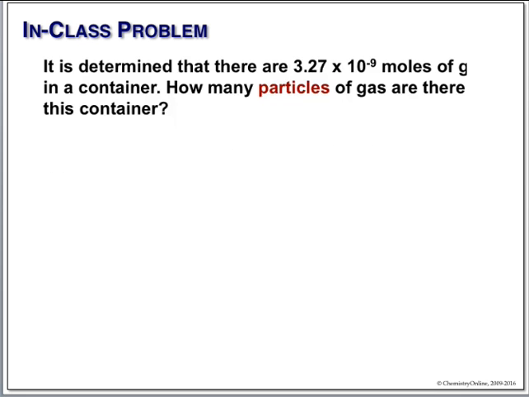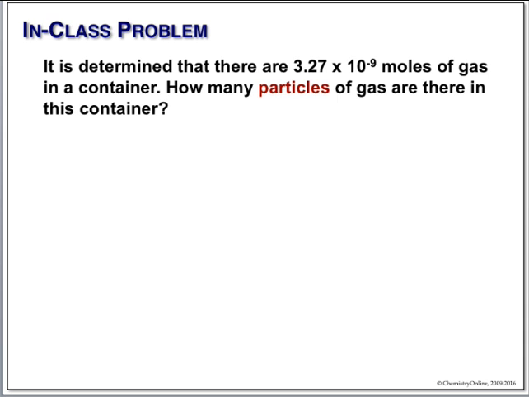Okay. Now we'll move to the next problem. Here I have 3.27 times 10 to the minus 9 moles of a gas. How many gas particles are in there? Well, here our given is going to be the number of moles that we have.